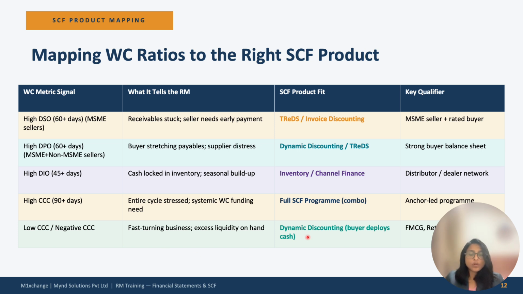What is the product that we can pitch to this buyer? That is dynamic discounting, where the buyer can use its treasury funds to generate extra income, which we call arbitrage income. The key qualifiers are mostly in the sector of FMCG or retail businesses.